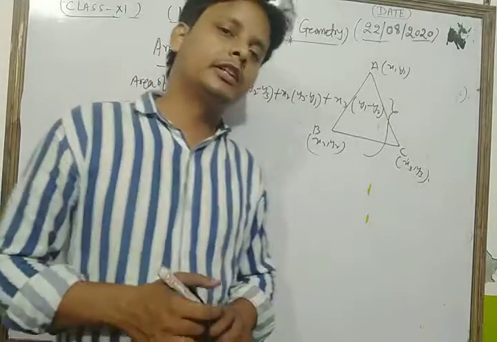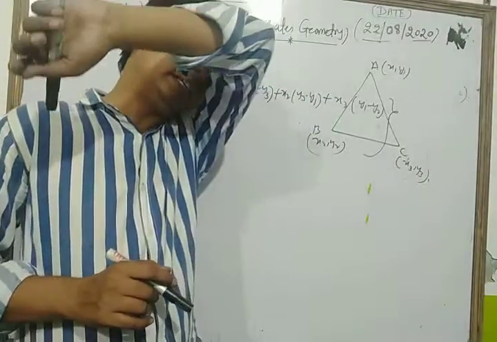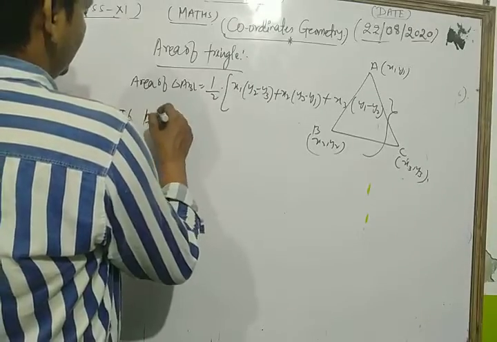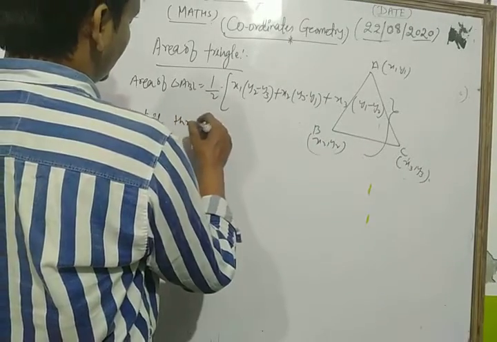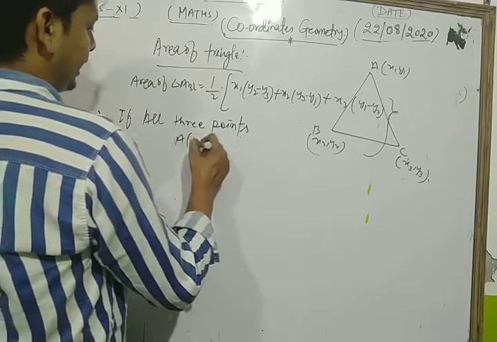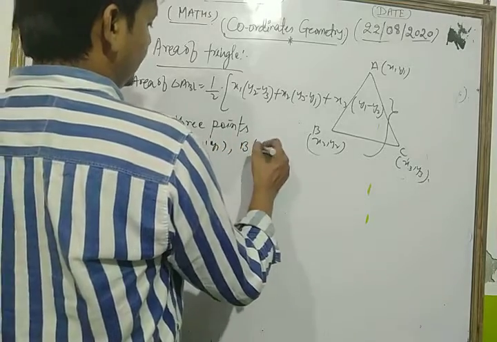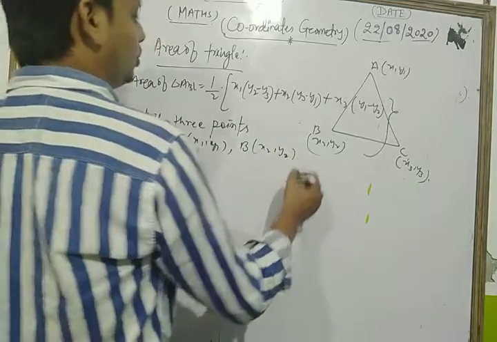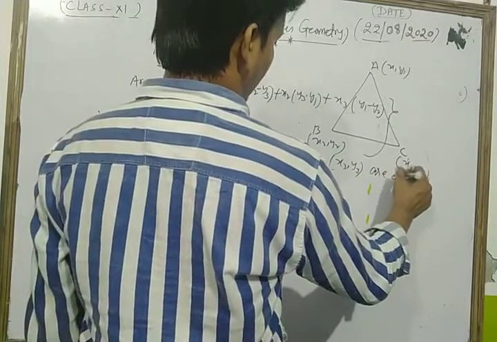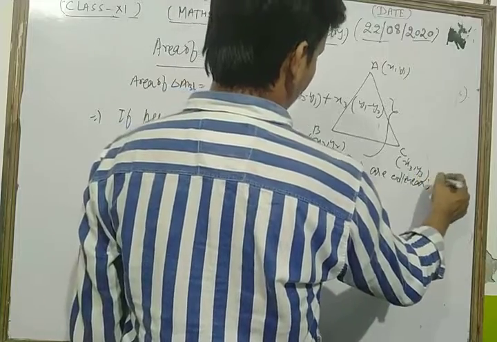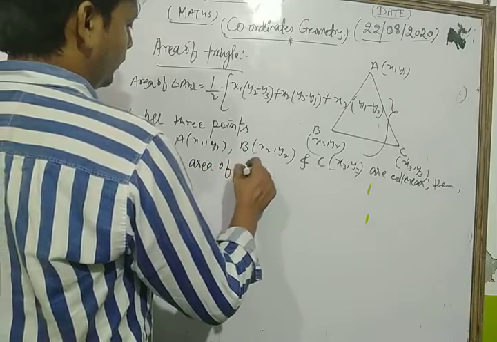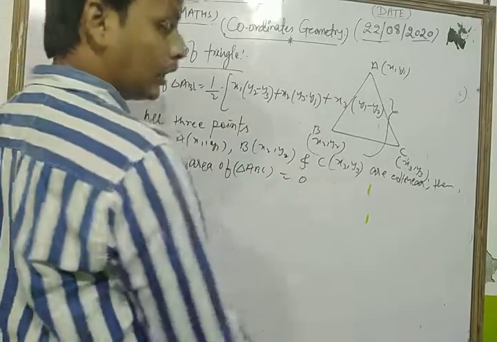And one important condition is there, dear student. What is the condition for collinearity? If all three points A (x1, y1), B (x2, y2) and C (x3, y3) are collinear, then the area of triangle ABC must be equal to 0.